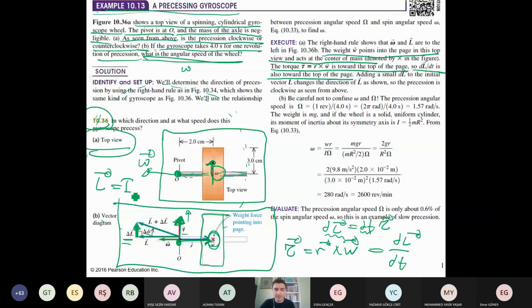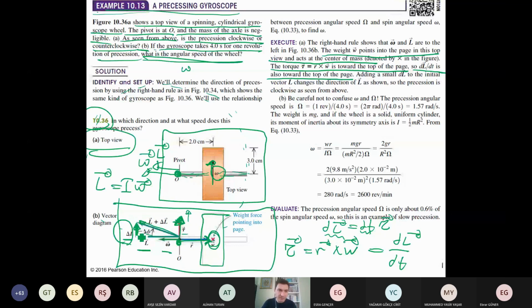Then we have omega and angular momentum, and here we have dL, and this is L plus delta L. So then it is rotating like this. If you look from the top, then what is the meaning of this?